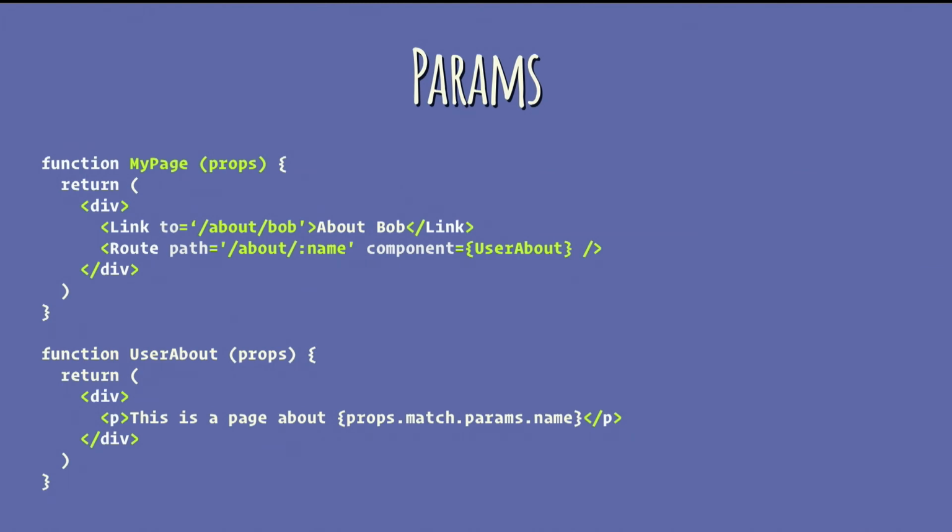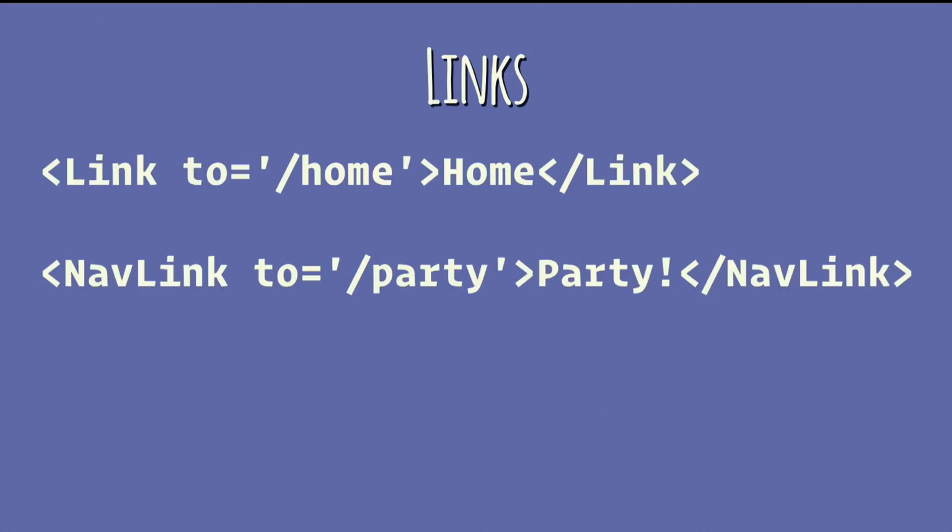And in the example above, we link to the about route or the UserAbout component with the link /about/Bob. So in that example, UserAbout would print, this is a page about Bob. So whatever matches that portion of the URL, and it knows it's a param because of the colon, is going to be available to us through that prop.